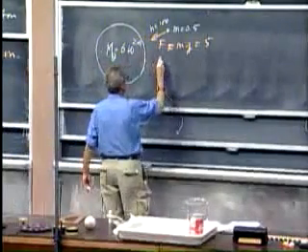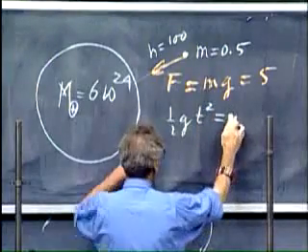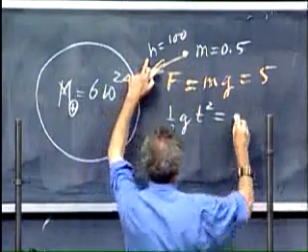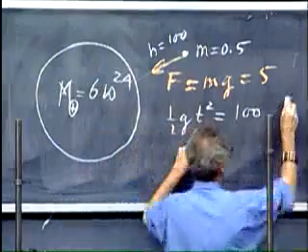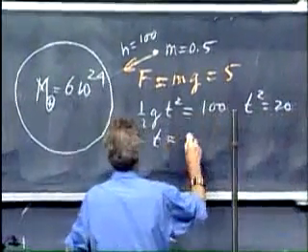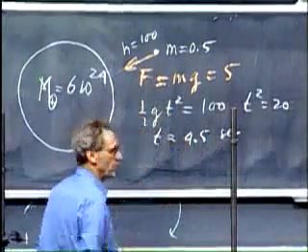So we know that 1/2 g t squared equals h. It doesn't start with any initial speed, so that is 100. g is 10, this is 5, so t squared is 20. So t is about 4.5 seconds. So after 4.5 seconds, it hits the earth.